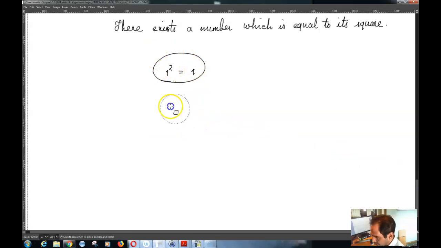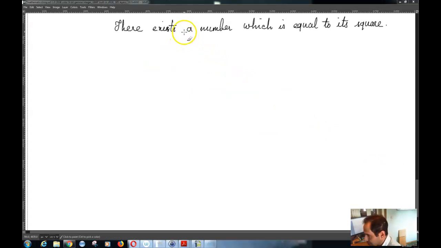But anyway, that's not the point. The point here is that you want to identify the quantifier, which in this case is there exists. That is your quantifier.